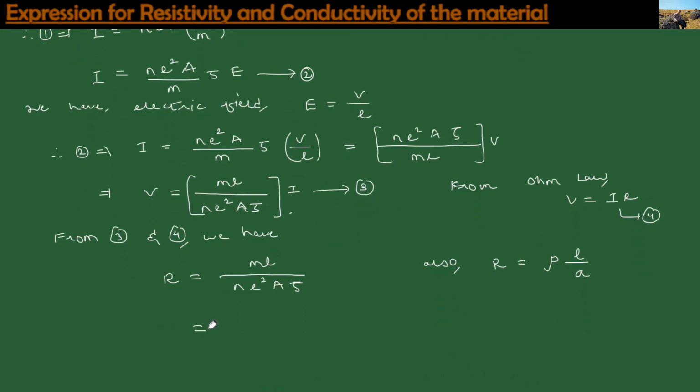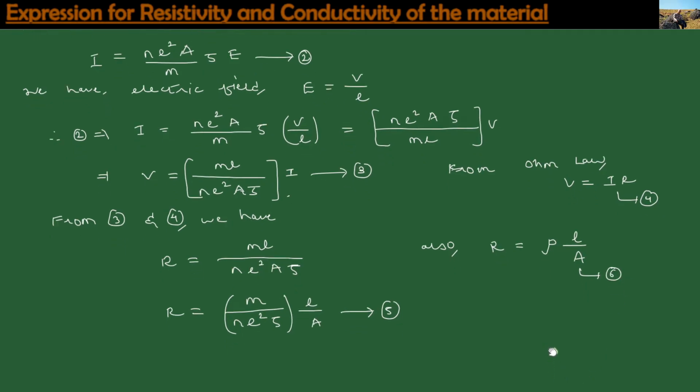Now, if we want to rewrite this equation, we have this term in this form: R equal to rho L by A. Then over here, this will be m divided by n e square tau in the bracket, and this will be L divided by A. Let us mark these as 5 and 6.